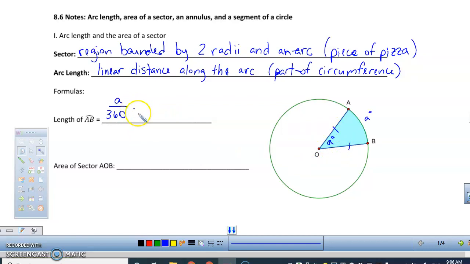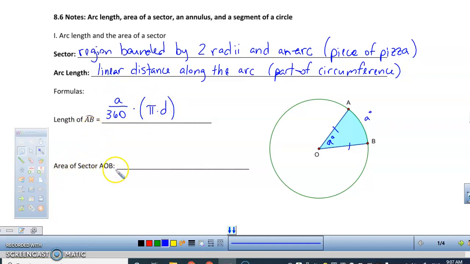Then for the length of the arc, we take that fraction of the circumference. As we know, the circumference is pi times diameter, or 2 pi r. You can say it either way. So this part of the whole circumference is the length of that arc AB.